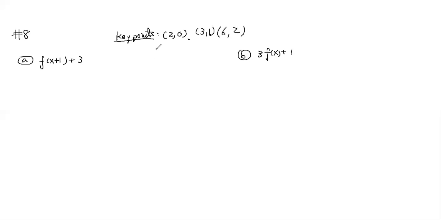Okay, so now, first thing here, let's take a look at these functions here, right? So this function is 3 f of x plus 1. So I know there's a shift, right? So this is a horizontal shift. Where is it shifted to?